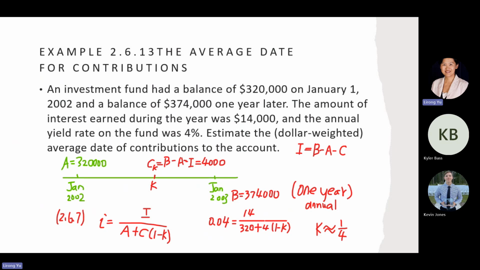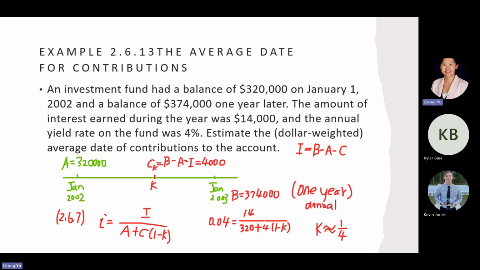Now, there's also a contribution. What do we do? We have I equal to B minus A minus C. The amount of interest earned, the 14,000, is given, so that 14,000 is the I. Because we have A and I, the question basically gives us B, A, and I. So C equals B minus A minus I, and C is 4,000.